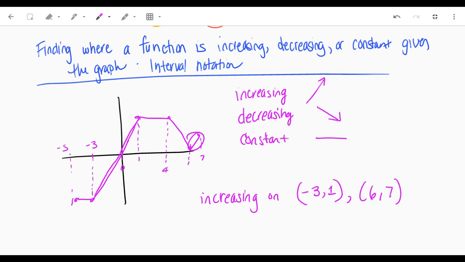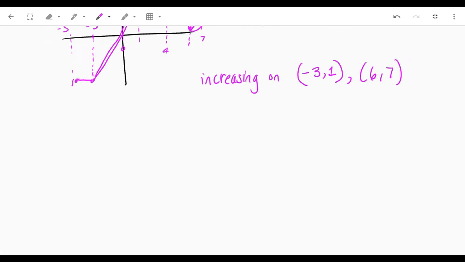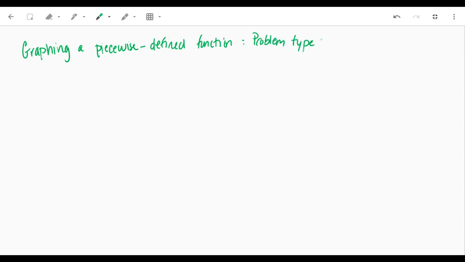The next one, we are going to graph a piecewise defined function. And they tell you this is problem type 2. I don't know what problem type 1 is, but there you go.